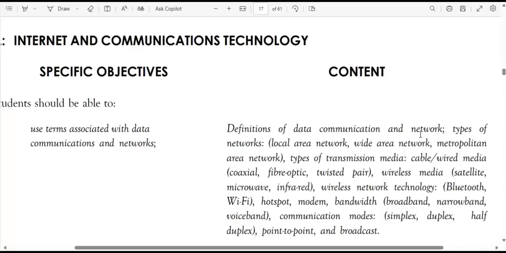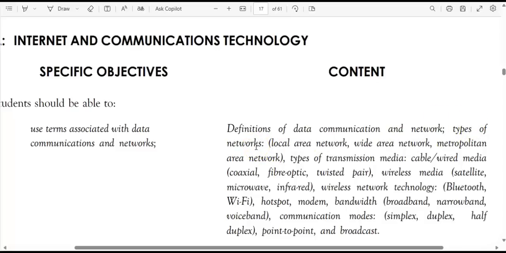Also, hospitals in the same city sharing medical records over a common network. So when we talk about metropolitan area network, it covers a larger area than the local area network.